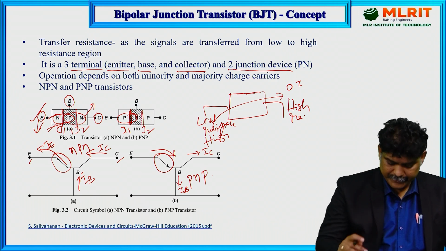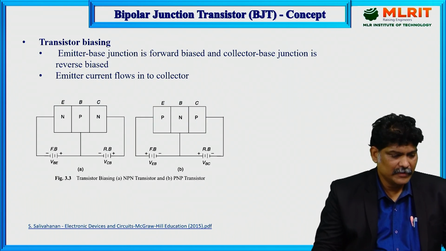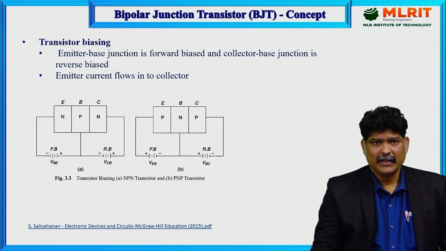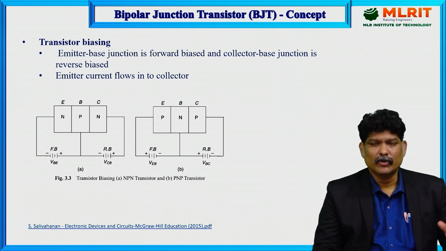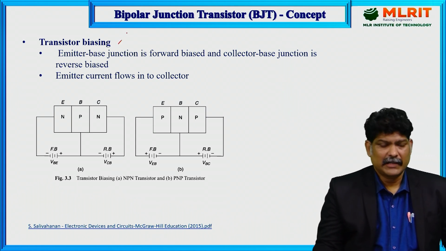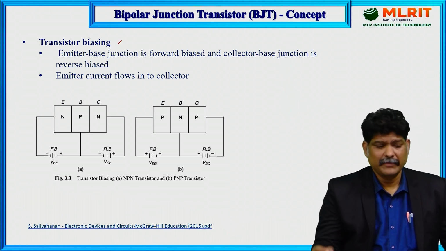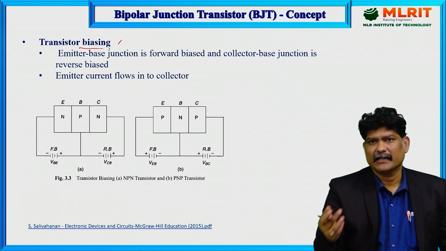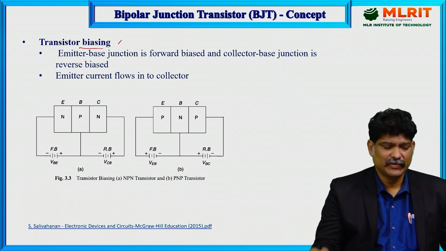Okay. Next, transistor biasing. This is a very important process, particularly in order to maintain the proper operating point, we have to bias the transistor. Biasing, in a general sense, means adding external DC voltage to the transistor.